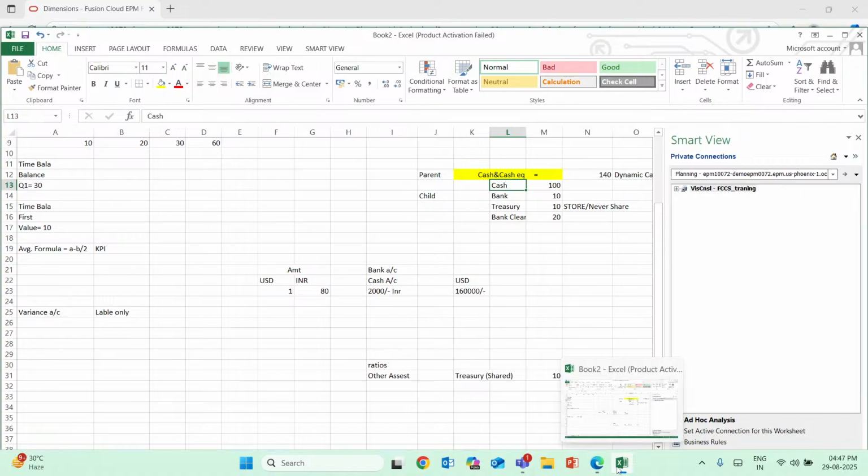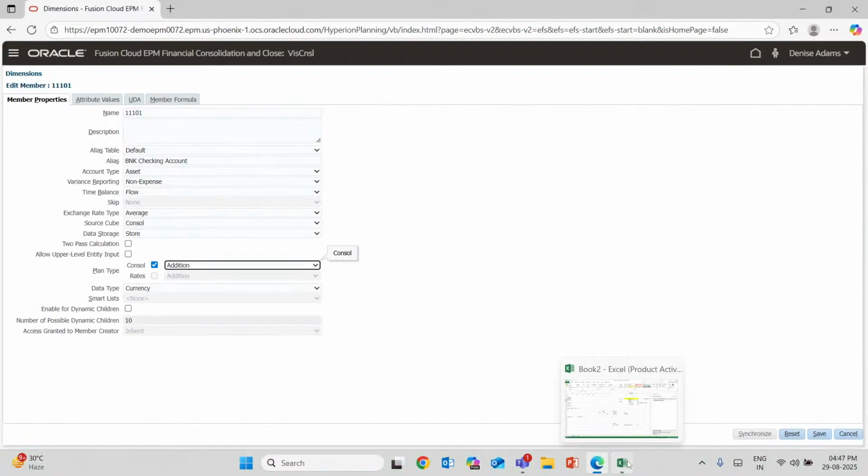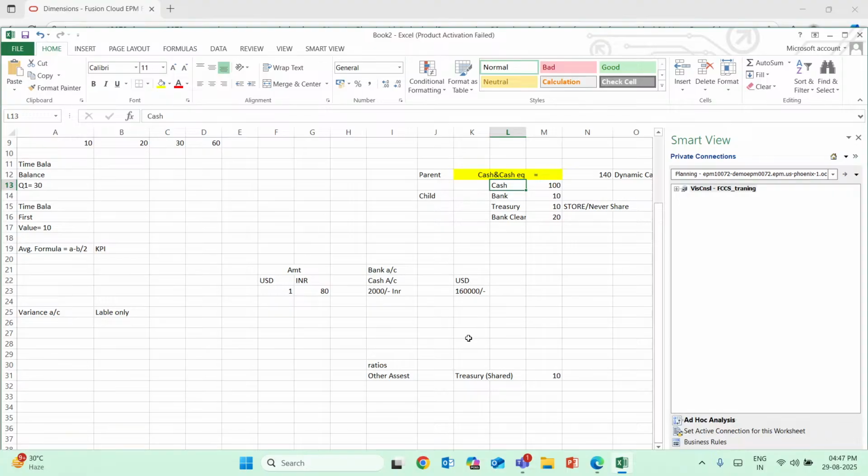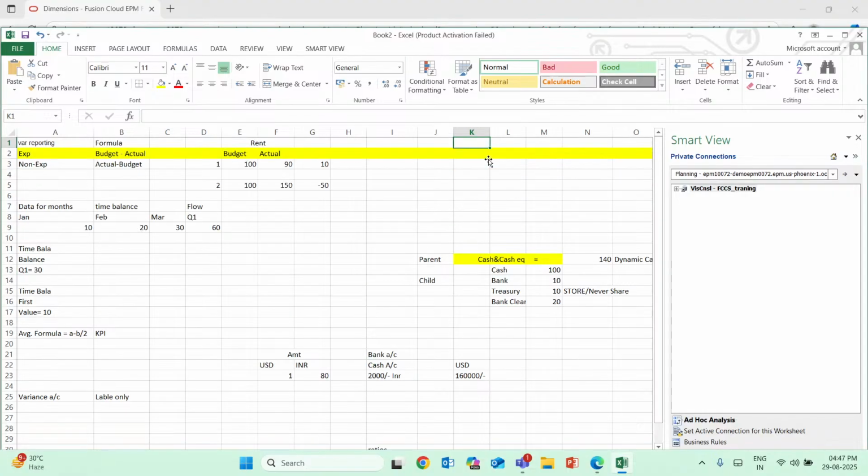But when we come to liabilities, here, this is current assets, right? And here we have liabilities, and we have total assets.